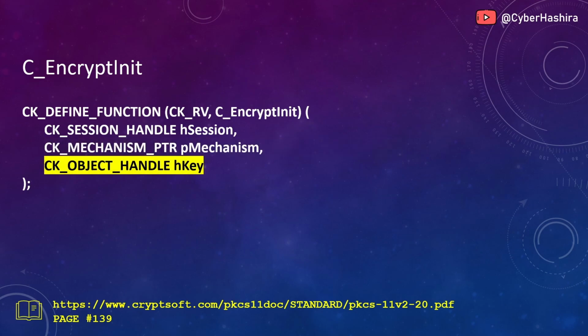And the third argument is of type CK object handle. This argument carries the handle number of the key required for encryption. So if an application wants to perform AES encryption, then it would pass the handle number of an AES key.